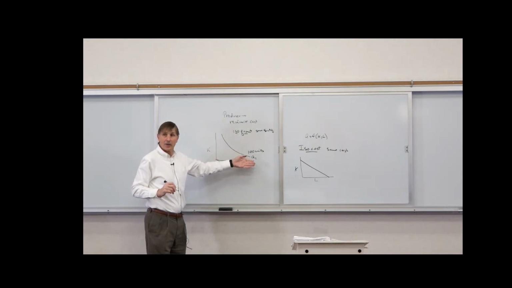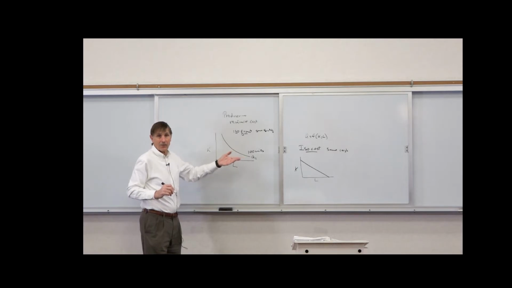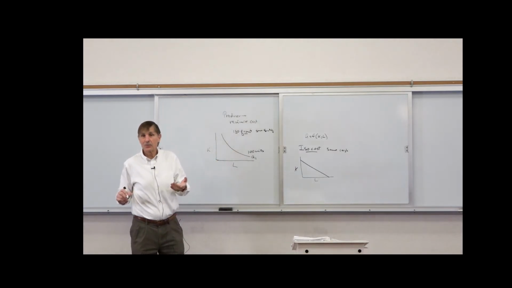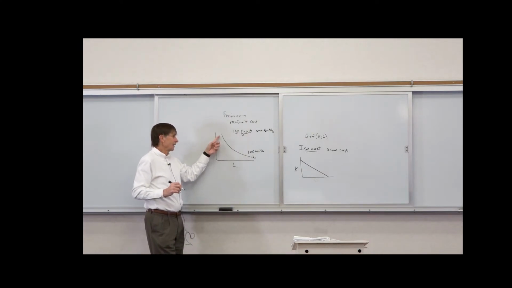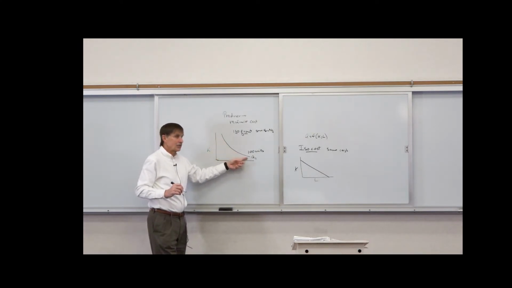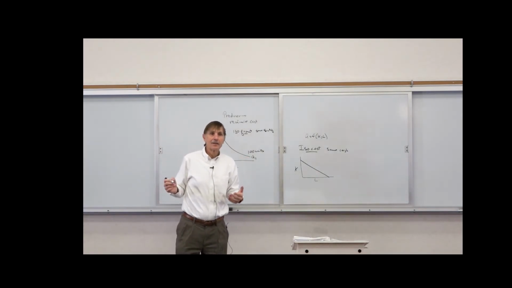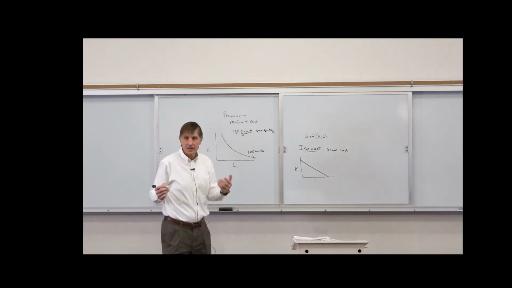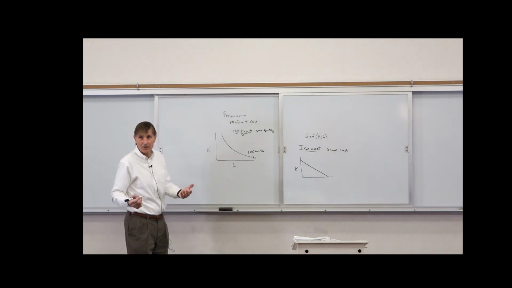Now, notice that we drew it convex, okay? If I drew it convex, what must I have assumed if I'm looking at an isoquant that has that shape to it? Yeah. Diminishing marginal returns for capital and labor. A diminishing marginal product of labor and a diminishing marginal product of capital.